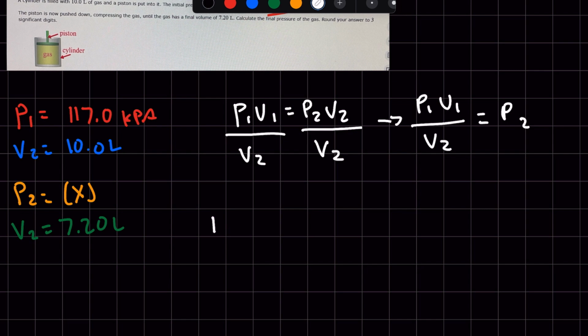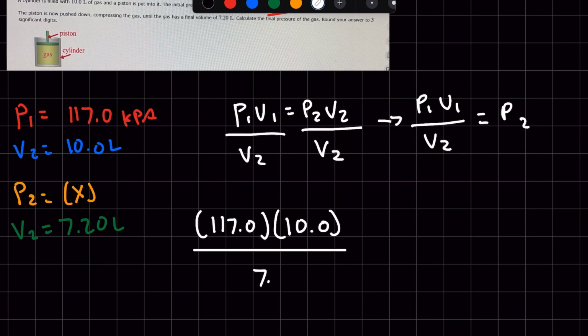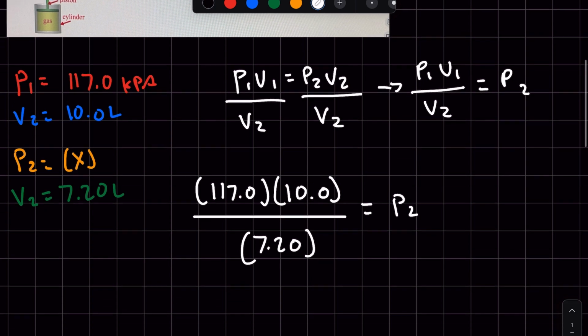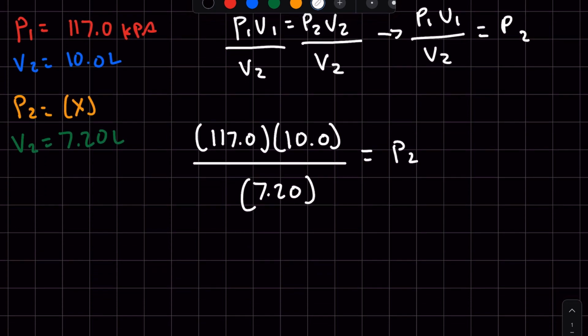So we have 117 kPa. We don't have to include units in our equation. And then we're going to times that by our V1, which is 10 liters, and that's going to go over our V2, which is 720. And then this is equal to P2. So we can go ahead and calculate that. 117 times 10 is going to give us 1,170.